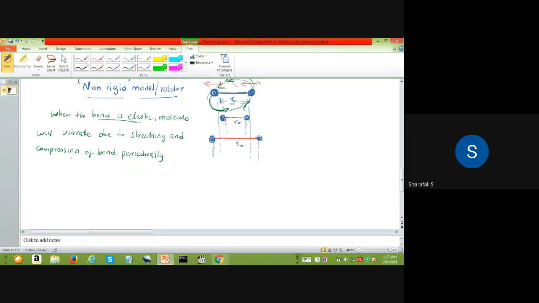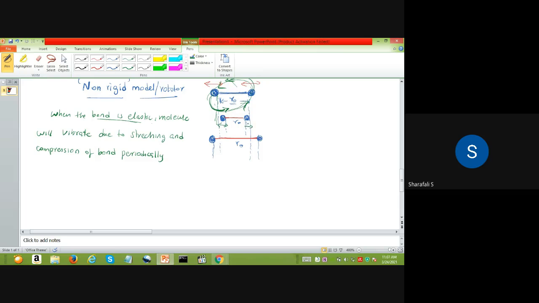That particular vibration can be harmonic, or it can be anharmonic vibration. Both are possible. Harmonic means that the displacement is going to vary by a constant value.